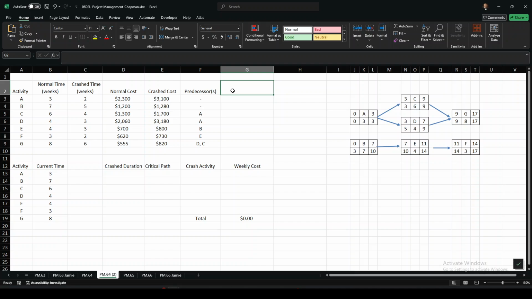One of the first things we need to do here is calculate a weekly crash cost. And how do we calculate this?